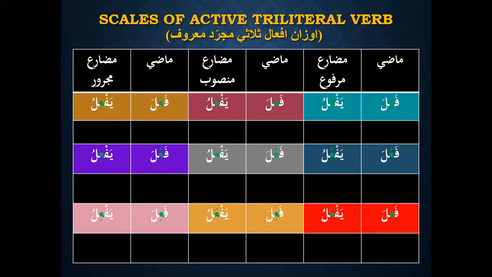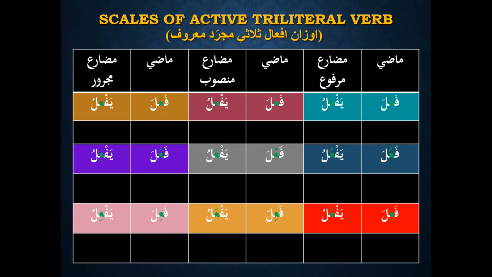And then there are 9 possibilities. Why? Because there are 3 categories of Madi, 3 in Mudari, and 3 times 3 is 9. How do you get that?